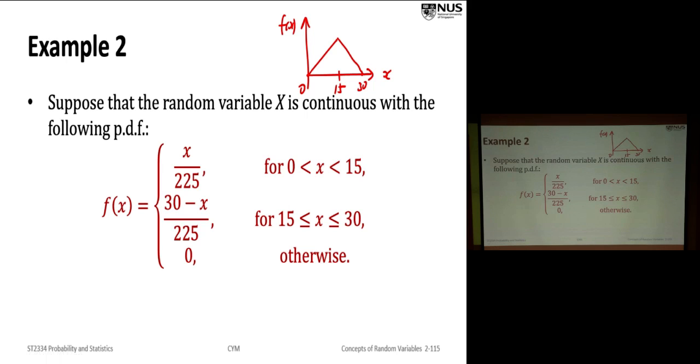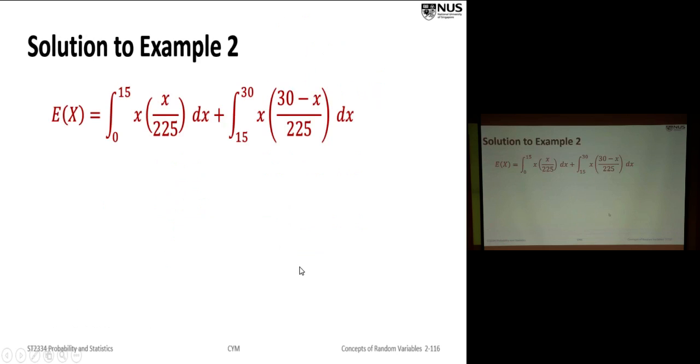So this represents the PDF, 0 all the way, up, down. So the area under this curve, or this triangle, should be 1. All right, so expectation of x and the variance of x.